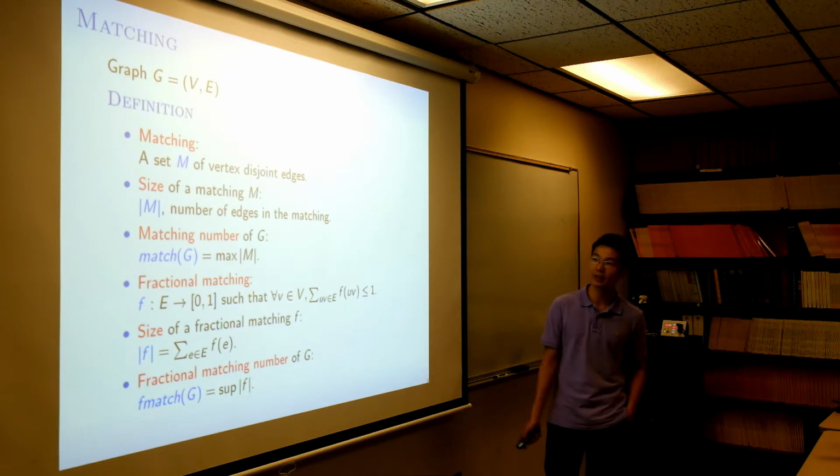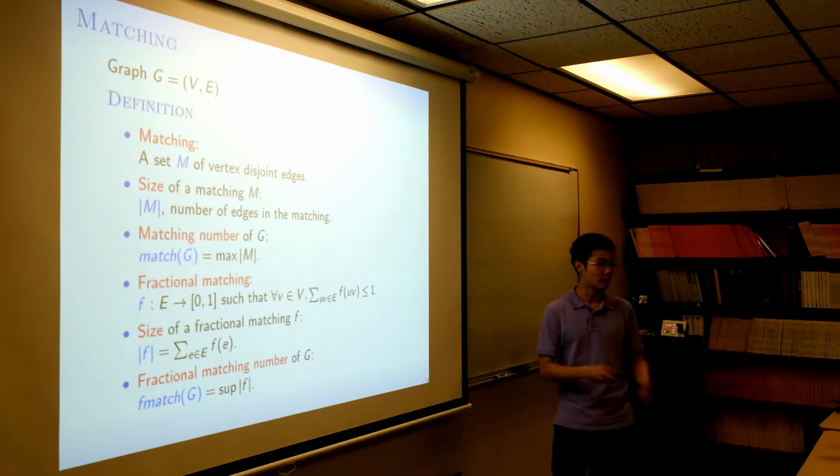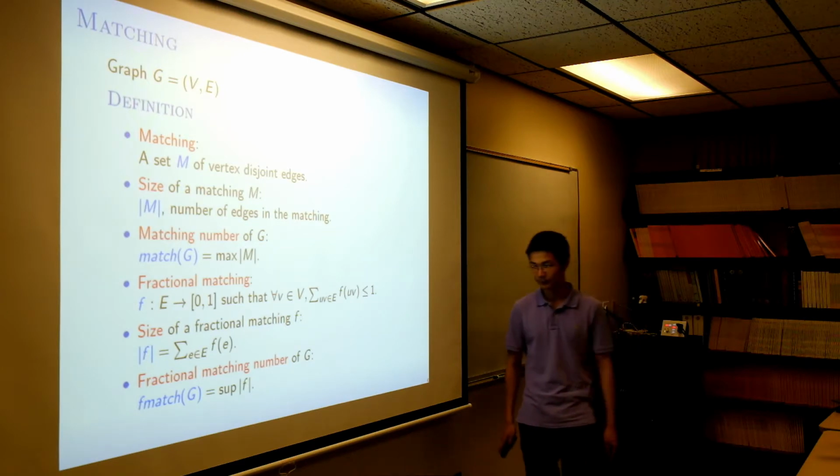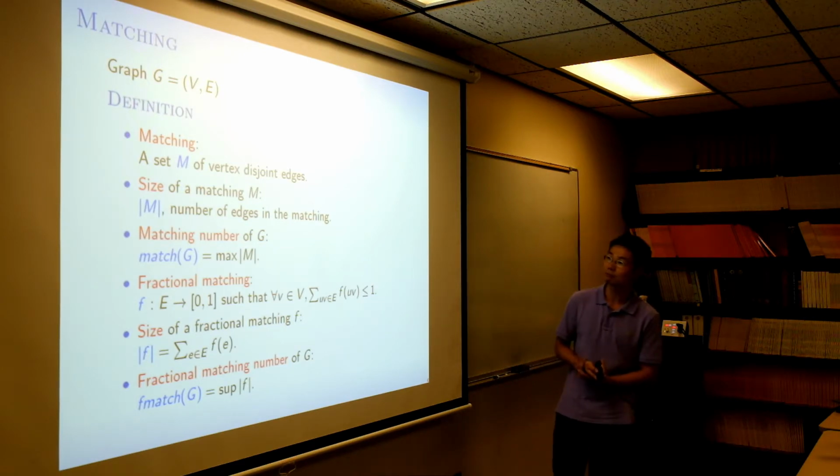The fractional matching is a generalization of matching, because for a matching you can think of this function as going from E to only {0,1}, instead of all possible numbers between 0 and 1. Because you have only finitely many choices for matchings, this is a max.